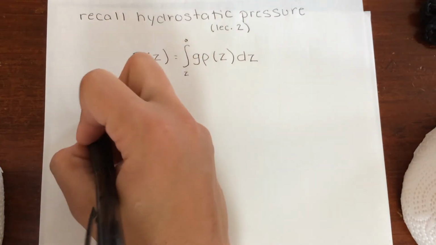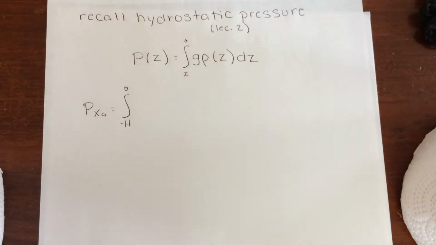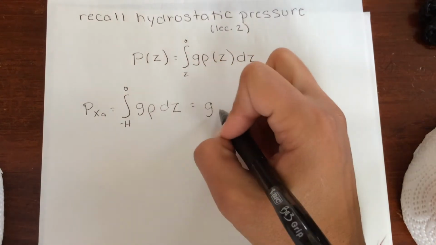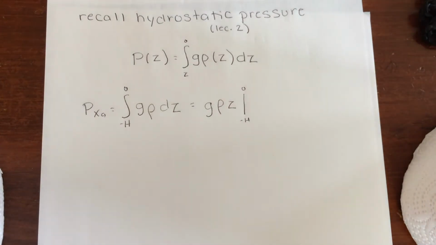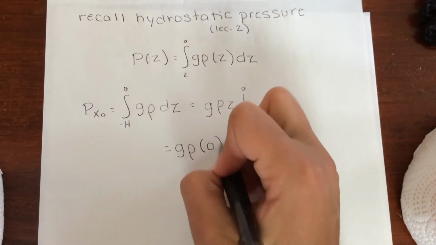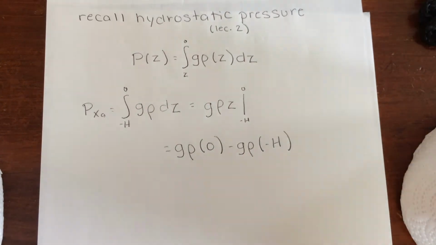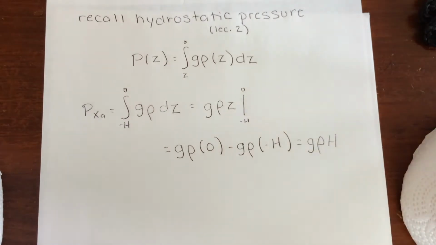To calculate pressure at xa, we evaluate the integral from the surface to depth negative h. Solving the integral gives us the gravitational acceleration times the density rho times the depth z. Substituting in for the depths, we can solve for the pressure at xa is equal to the gravitational acceleration times density times the depth h.